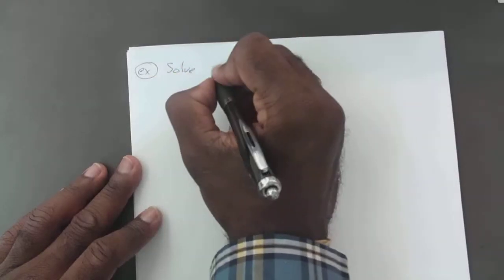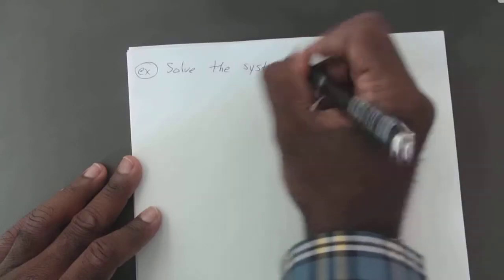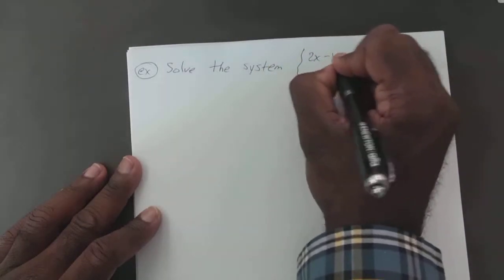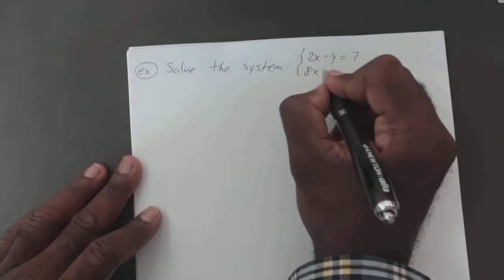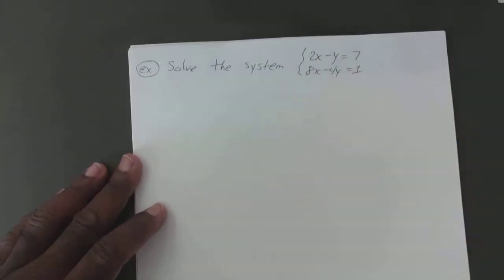Okay, so let's try this one. So we wanted to solve the system. 2x minus y equals 7, and 8x minus 4y equals 1.